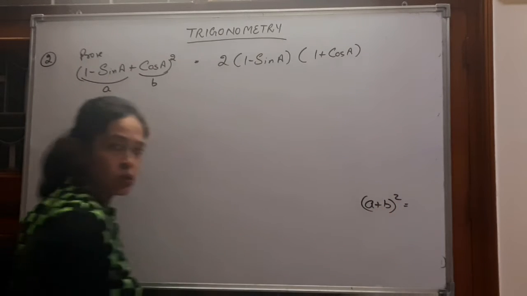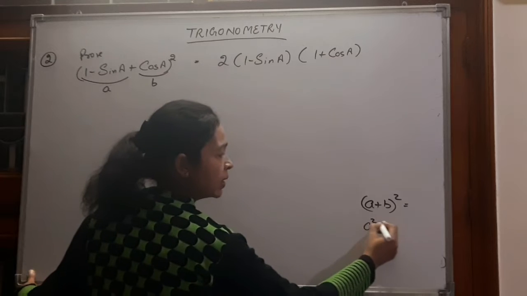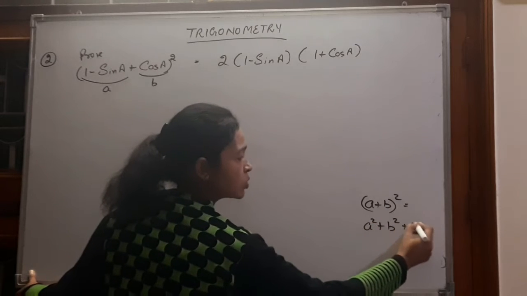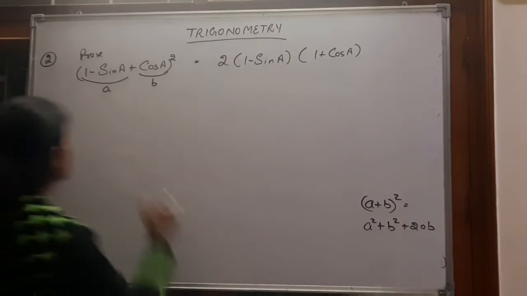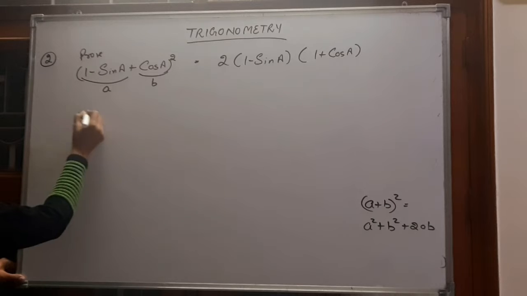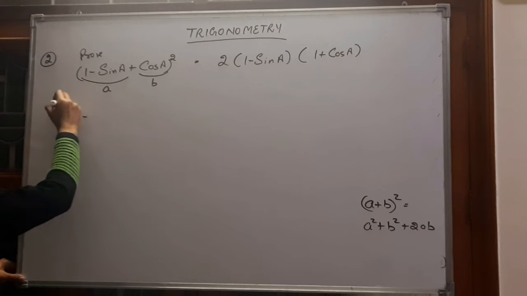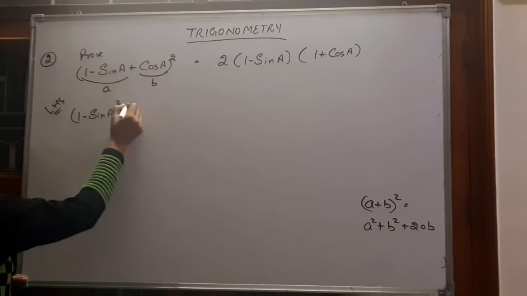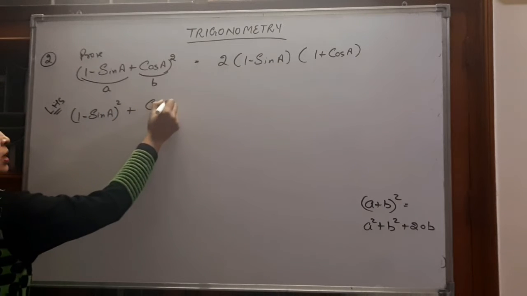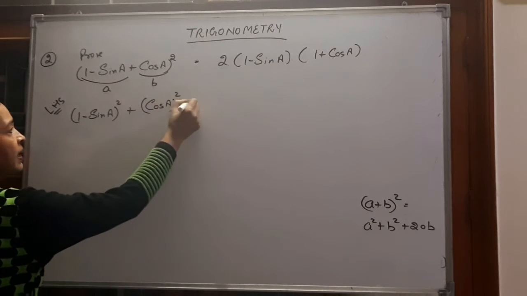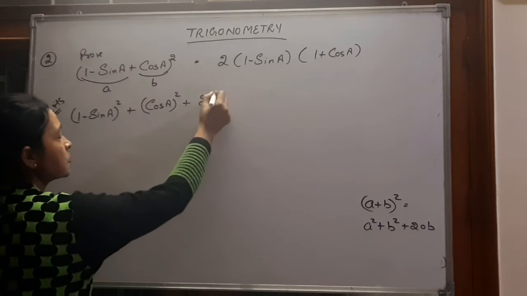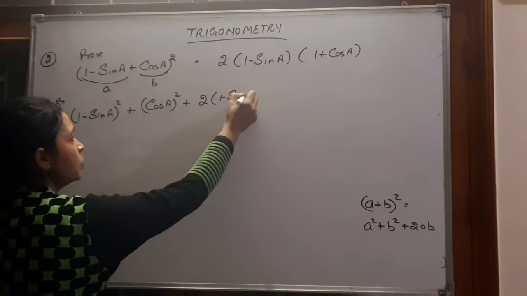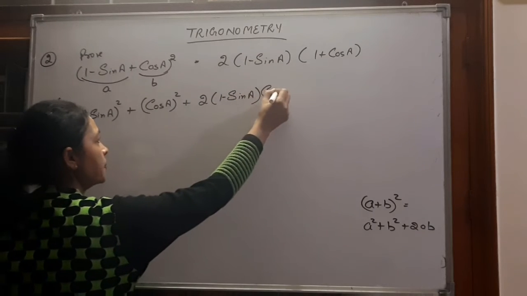And what is A plus B whole square? A square plus B square plus 2AB. We will get, we are doing the left hand side, 1 minus sin A whole square plus cos A whole square plus 2 times 1 minus sin A into cos A.